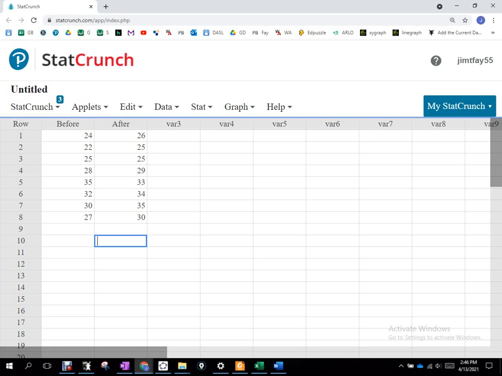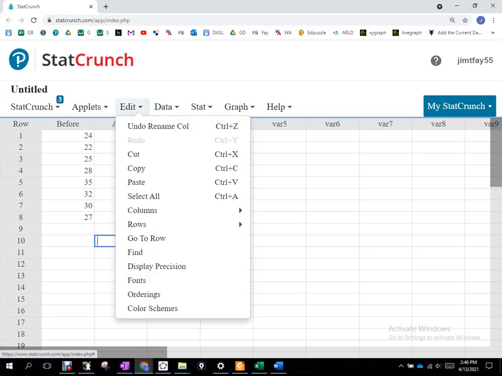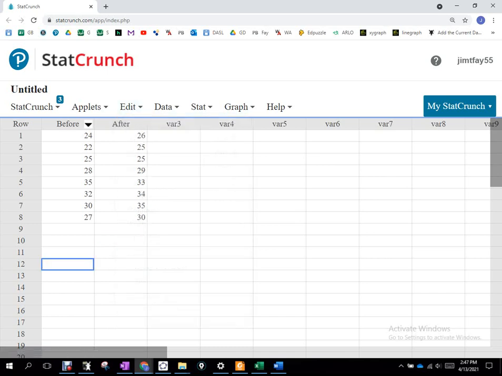What's nice about all your other statistical packages that are dedicated just to statistics and no other purpose is that they allow you to change right here what your headers are for each variable. Okay, so all I've done here is I clicked on that, typed in before, clicked on that, typed in after, and I plugged in my data. Okay, is everybody okay with that?